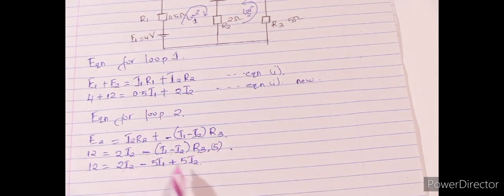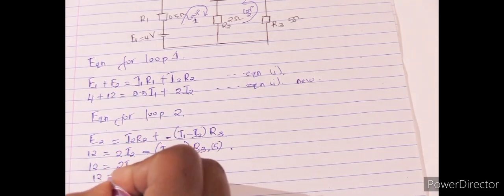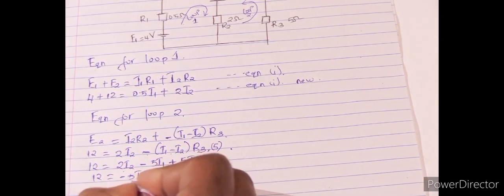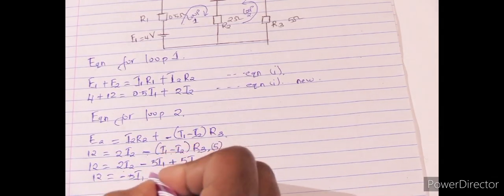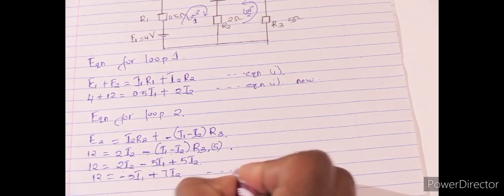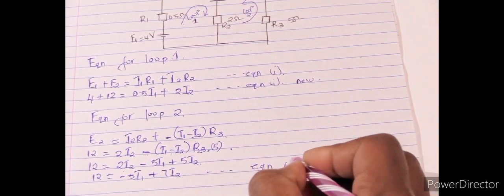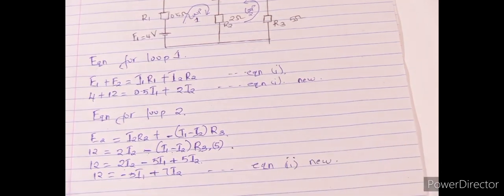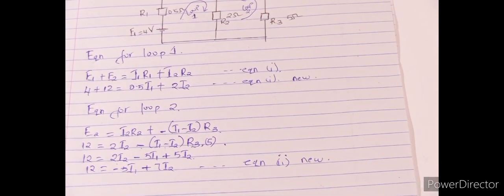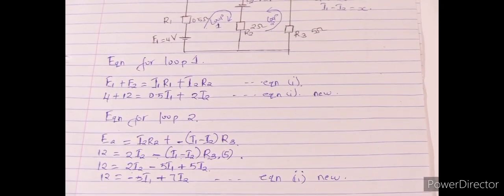We are having 2I2 and 5I2, which will give us 12 equals minus 5I1 plus 7I2. So this is our new equation 2. So now we have formed our two equations. So let us solve them simultaneously, either by elimination or substitution.